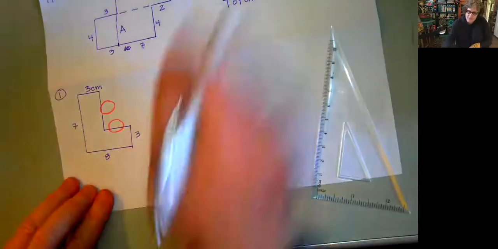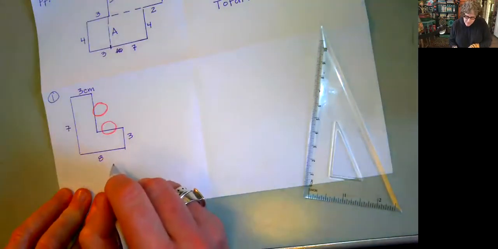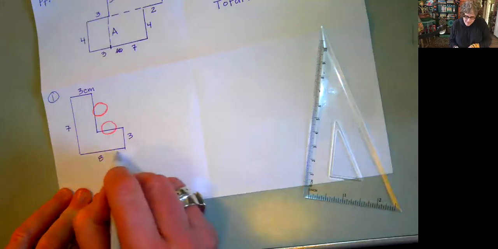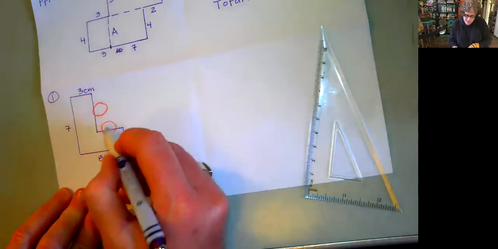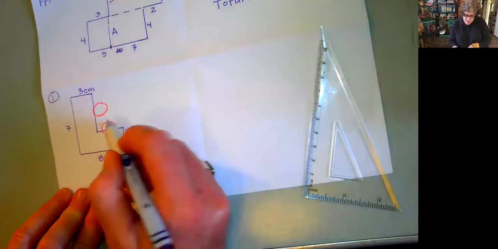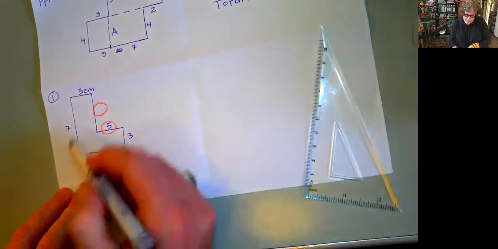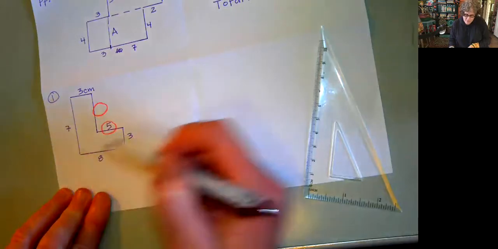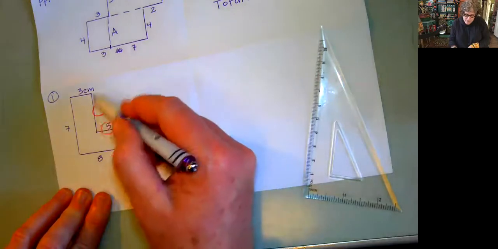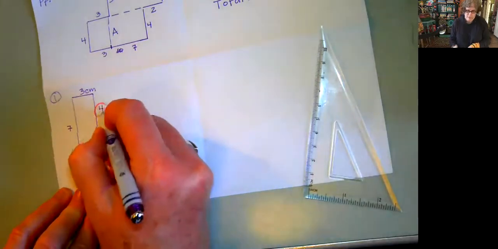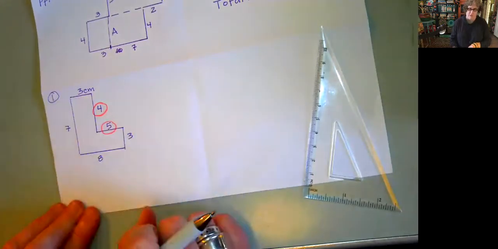If I know that this whole length is 8 and this amount is 3, then this has to be 5, because 5 plus 3 gives me that total of 8. If this whole length is 7 and this amount of it is 3, then this leftover amount is going to be 4, because 3 plus 4 gives me that total of 7.